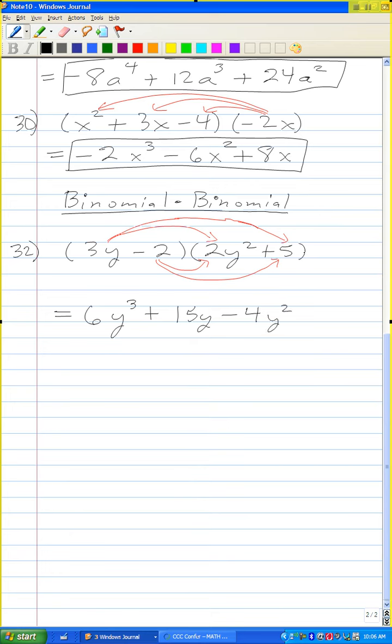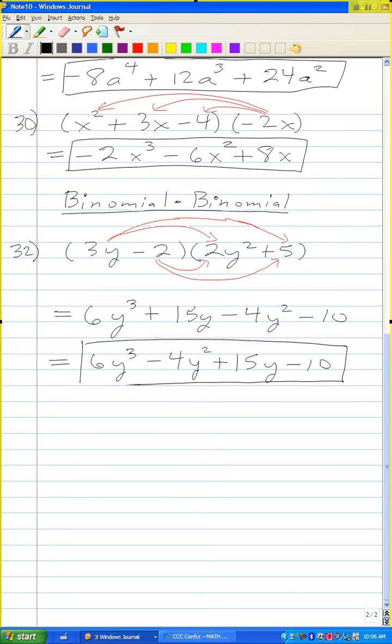Negative 2 times positive 5 is a negative 10. And I'm done. Let me actually write in descending order. You don't have to, but maybe I'll write in descending order. And so I get 6y cubed minus 4y squared plus 15y minus 10. It is still correct if you don't put in descending order, but I'll put in descending order.